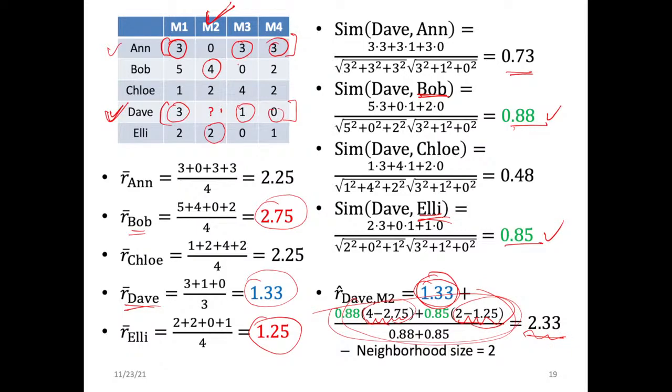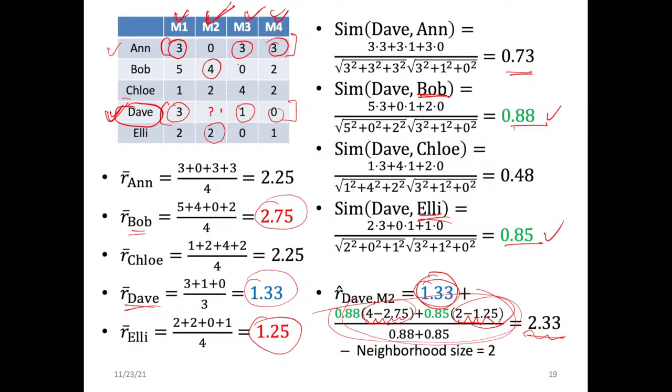After all the discussion, do you feel like this methodology is similar to what kind of methodology we introduced in this course? It's actually very close to the K-nearest neighbors algorithm. Essentially, we use M1, M3, and M4 as the features. We try to find which users are close to Dave.